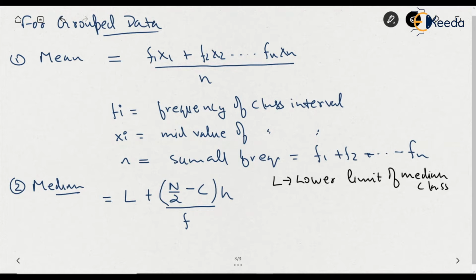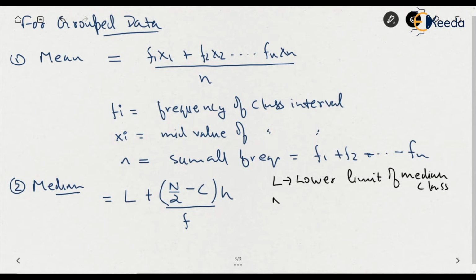Let's say the sum of all the frequencies is 20, then 20 divided by 2 will give you 10, and we'll see up to what value the cumulative frequency comes to 10, or in what interval the cumulative frequency counts up to 10. That will be the median class, and for that we will use the lower limit. So if it is 21 to 30, the lower limit is going to be 20 or 21, right?